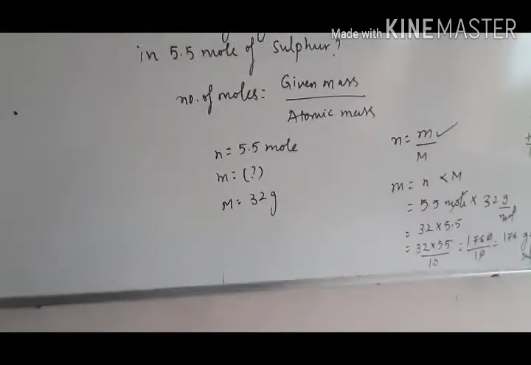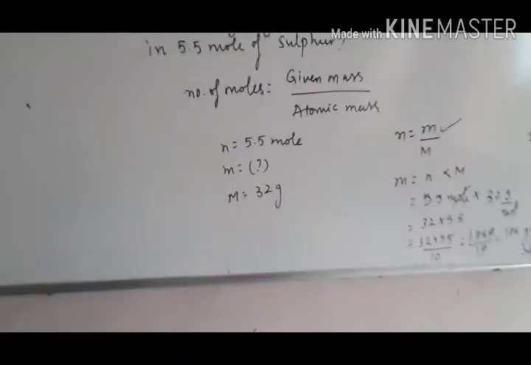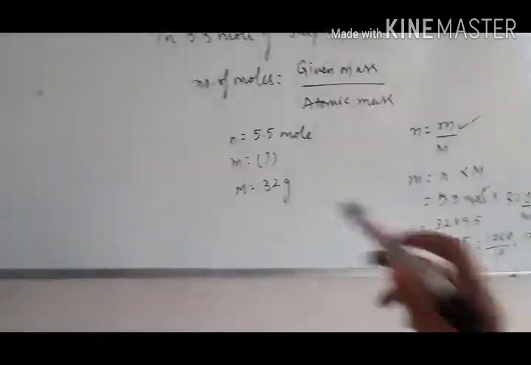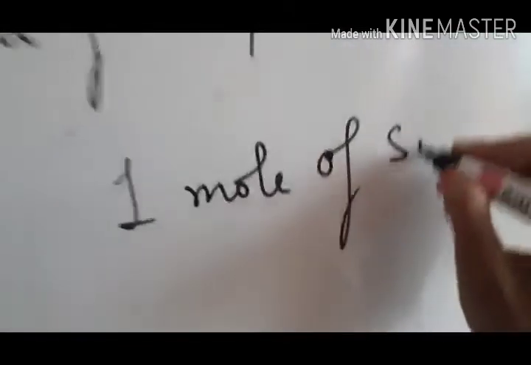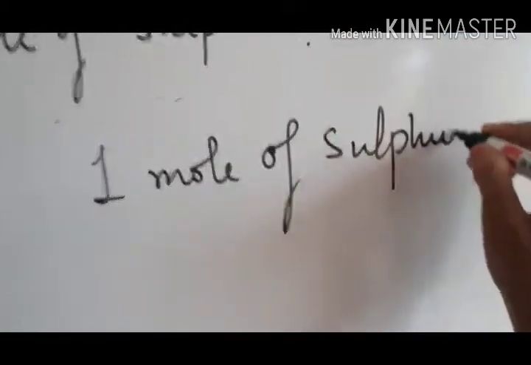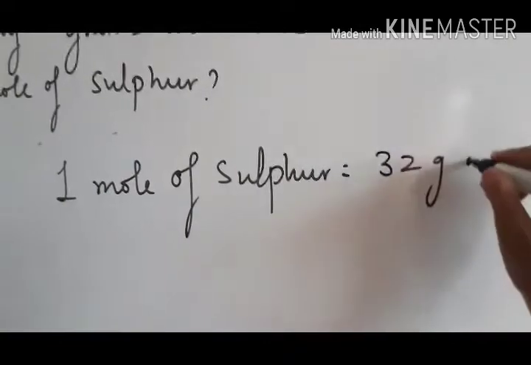Instead of this, we can also write that 1 mole is equal to 32 gram. Then what about 5.5 mole? If you don't want to write all these things, then directly we can use a relation between mole and atomic mass. So we write that 1 mole of sulfur is always equal to its atomic mass, 32 gram of sulfur.